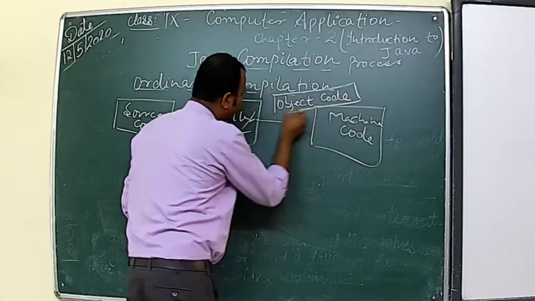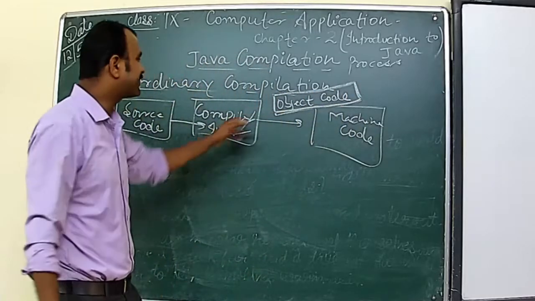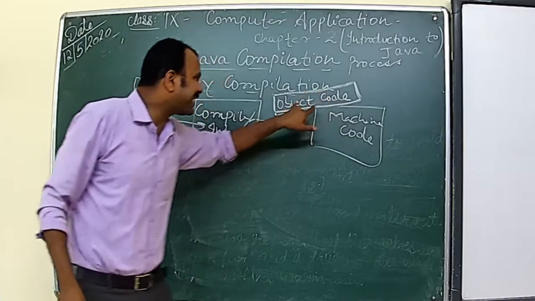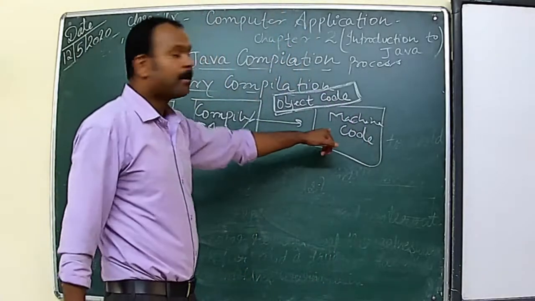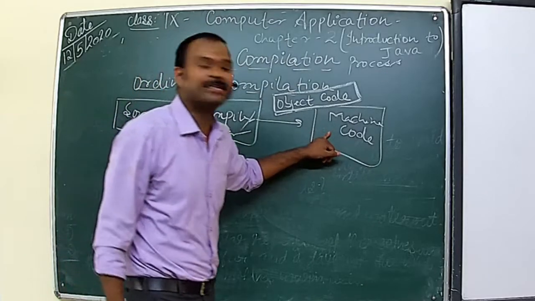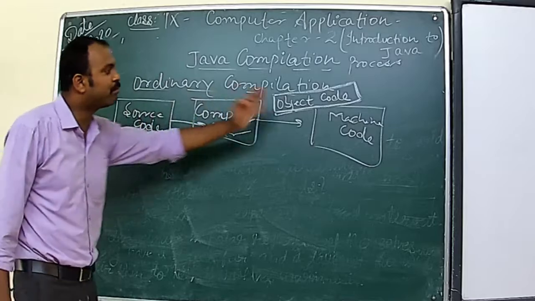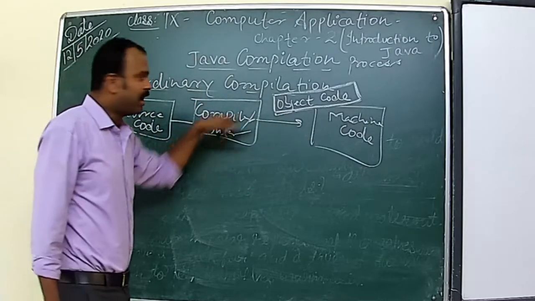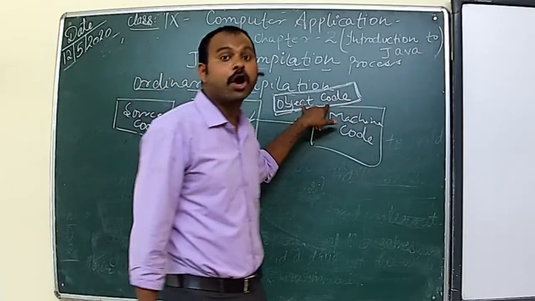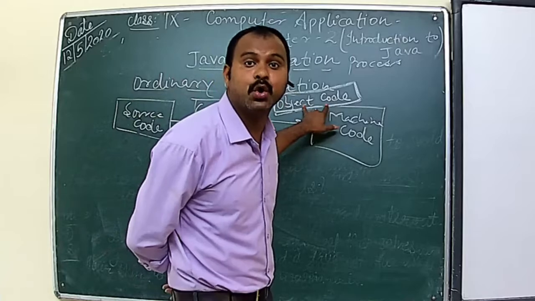In other programming languages, like C, it is called object code, and that object code is easily understood by the underlying machine, the underlying operating system. This is also known as native executable code.